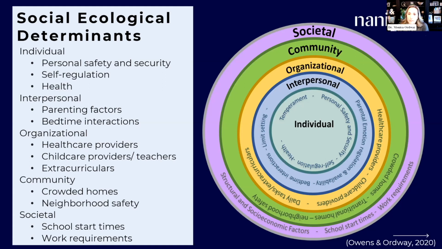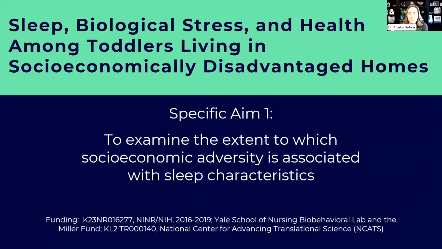At the interpersonal level, things like parenting factors and bedtime interactions, then the organizational level, where healthcare providers, childcare providers, teachers, and extracurriculars may impact children's health. Then at the community level, crowded homes and neighborhood safety, and at the societal level, school start times and work requirements, particularly school start times of older children.